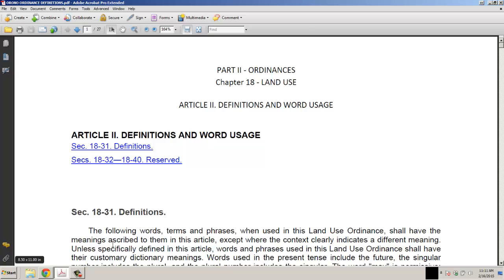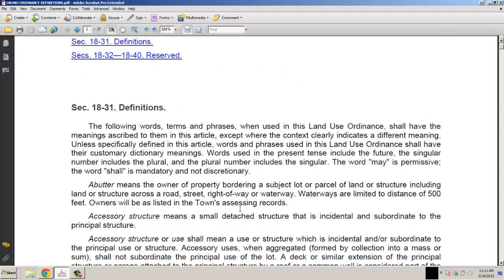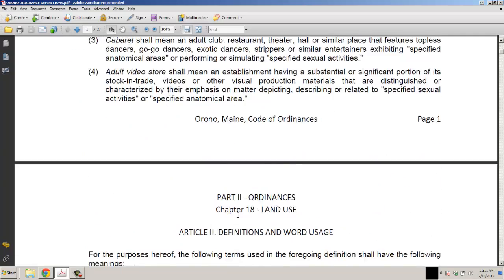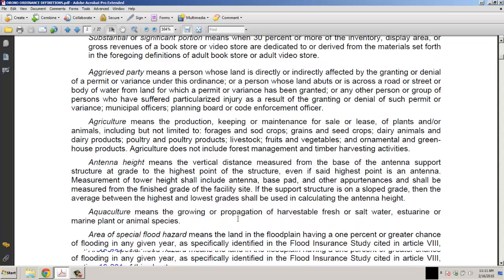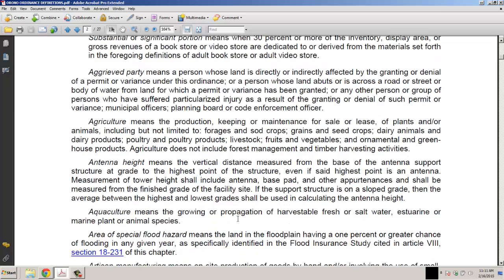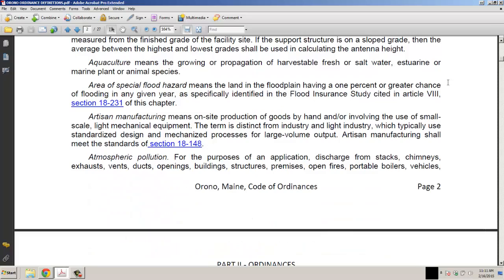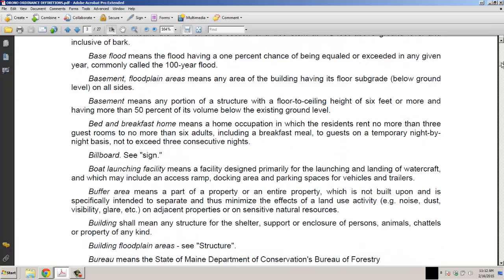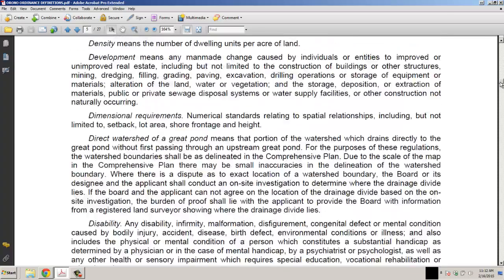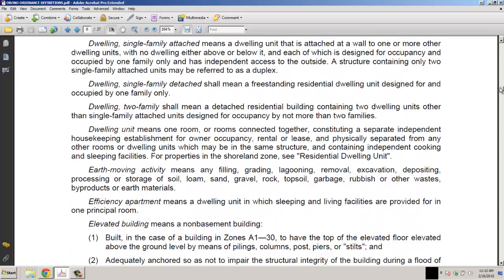Other things that we look at in construction documents would be local ordinances. This happens to be the town of Orono's local ordinances, and they cover everything from antenna heights, agriculture. This is their definition, so I'm going to put this up there. Billboards, canopies, everything has a designation.